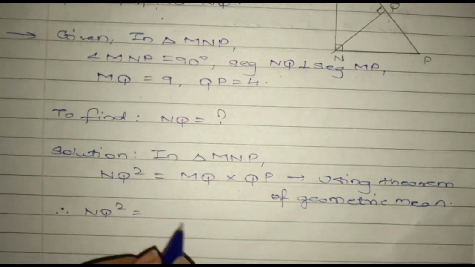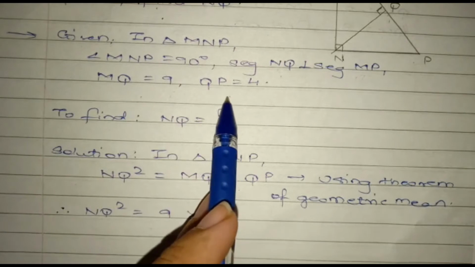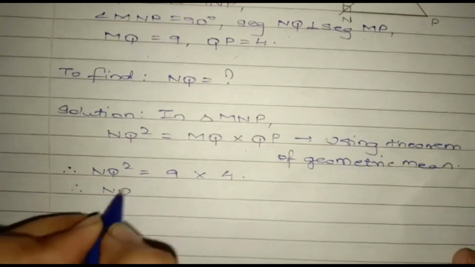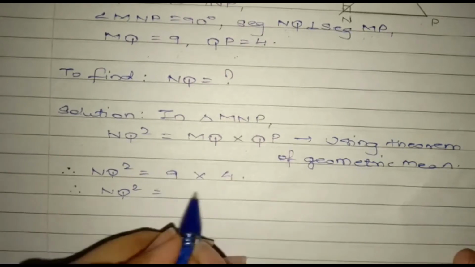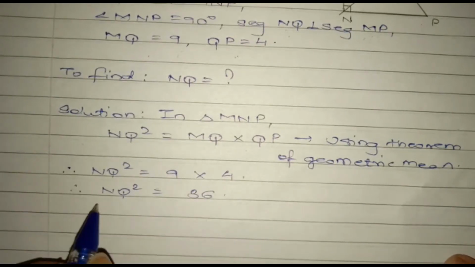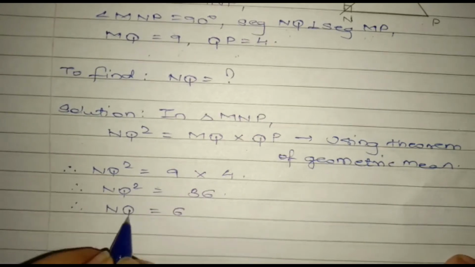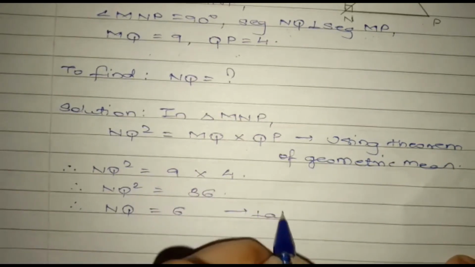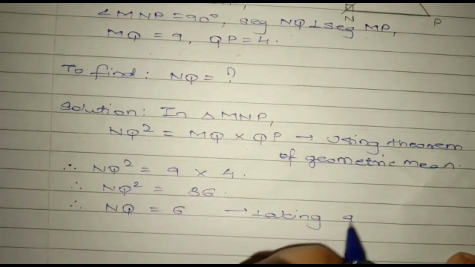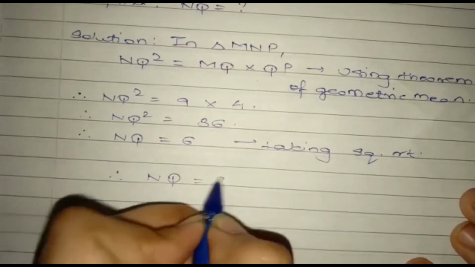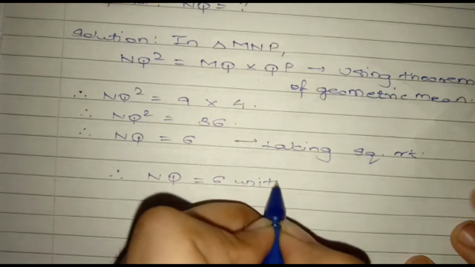MQ is 9 into QP is 4. Therefore NQ square is equal to 9 4s are 36. Therefore NQ is equal to 6, taking square root. So we'll write therefore NQ is equal to 6 units.